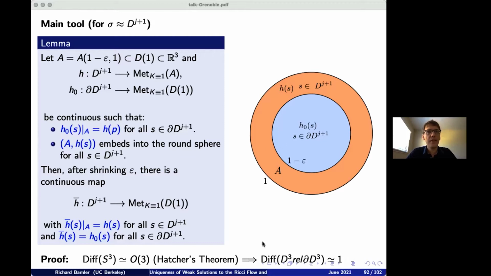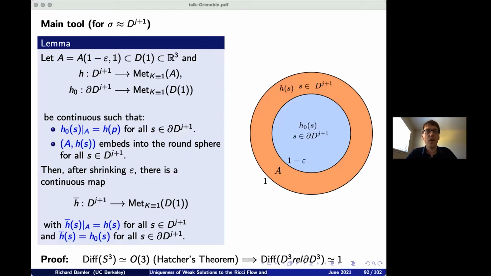Then we can use something like the exponential map to relate the space of constant curvature metrics on this disk to this diffeomorphism group, and we get that there's no obstruction in finding this extension.